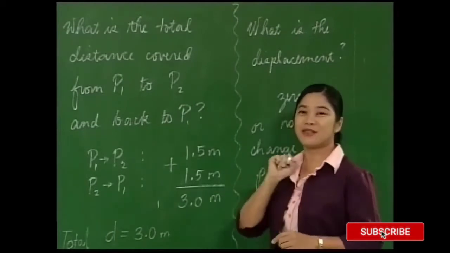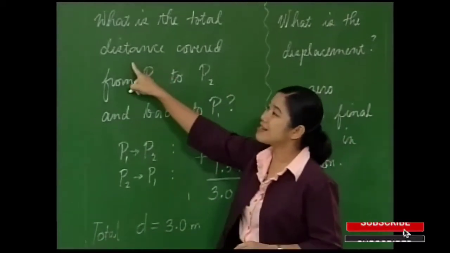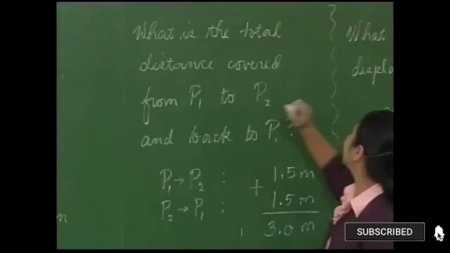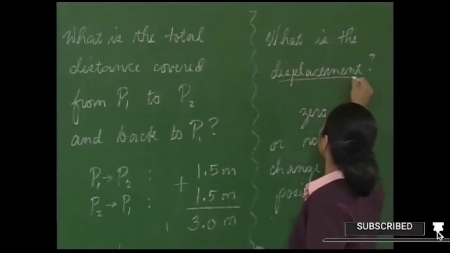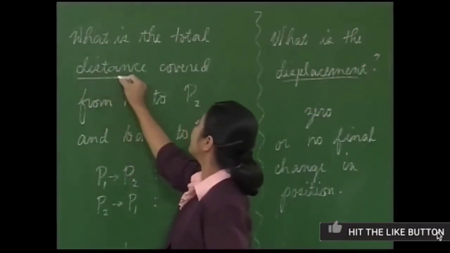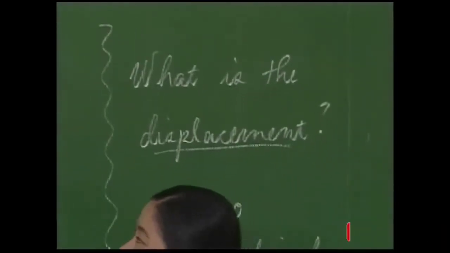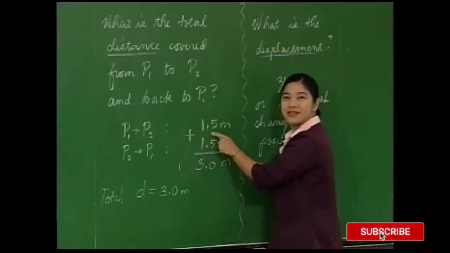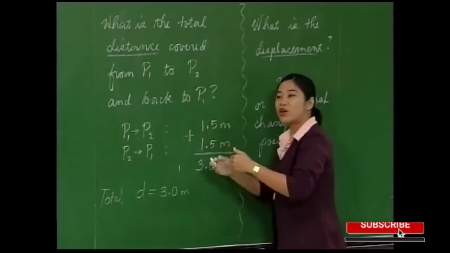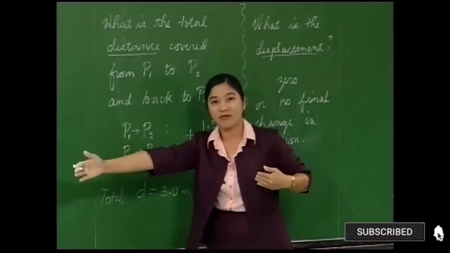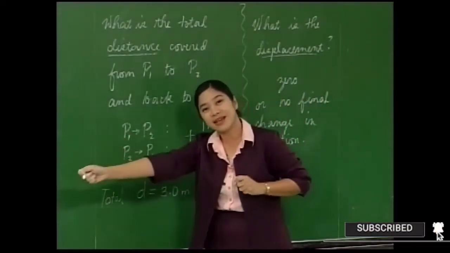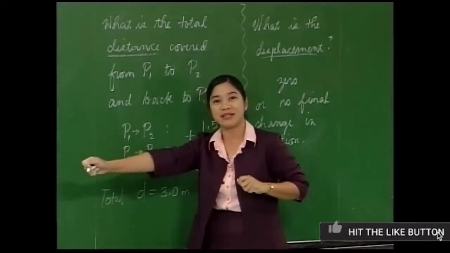So now what is the difference between distance and displacement? Here, with distance, you simply measure the lengths that you cover. You get a meter stick and you can simply make a measurement.